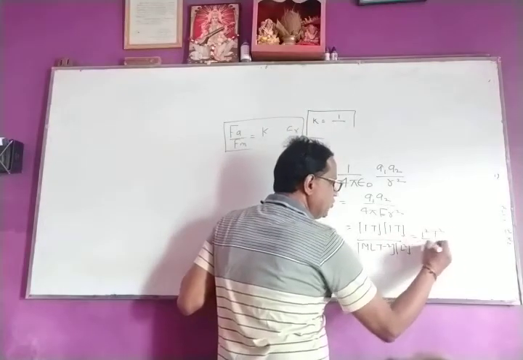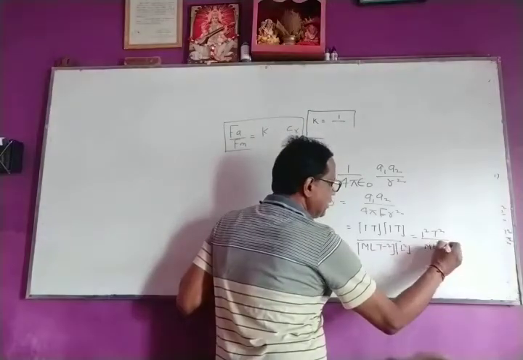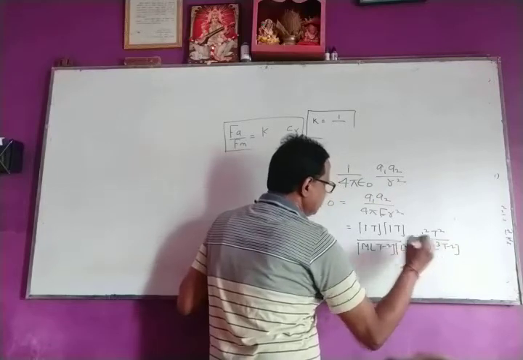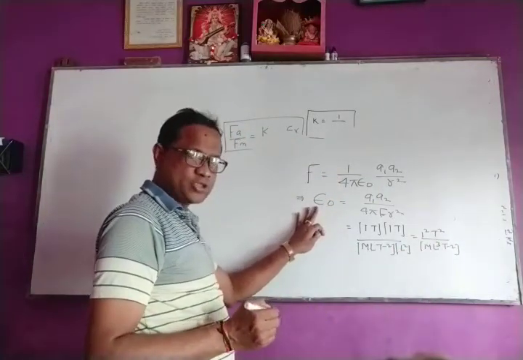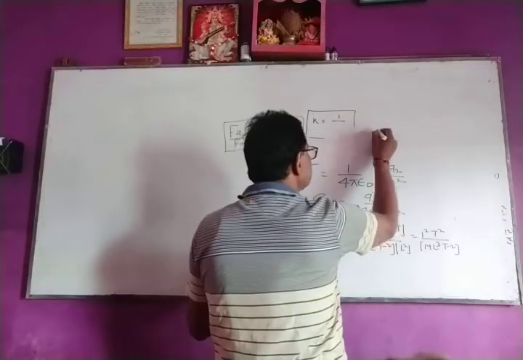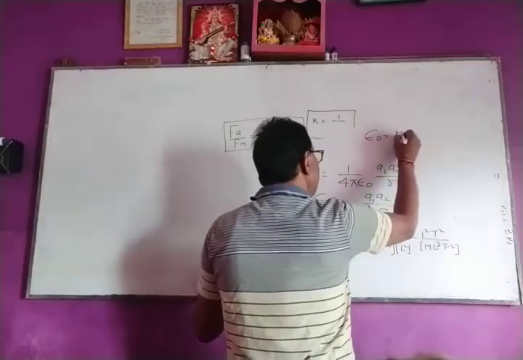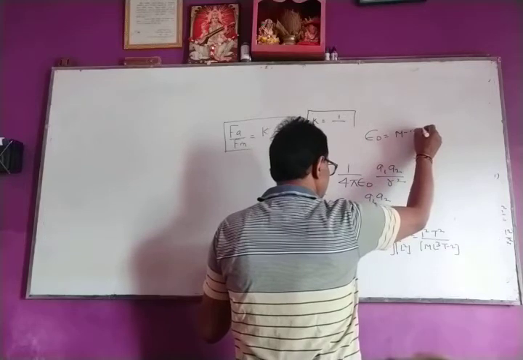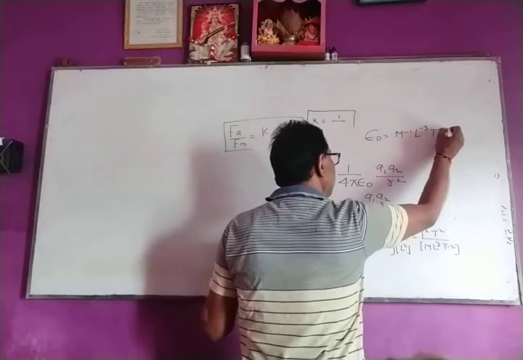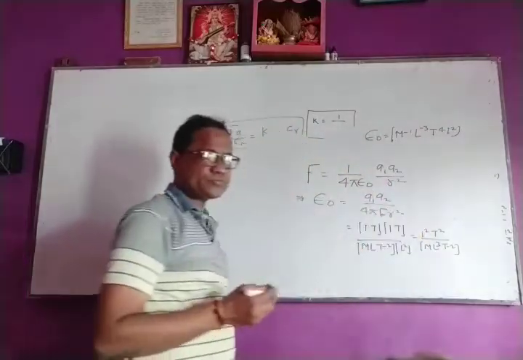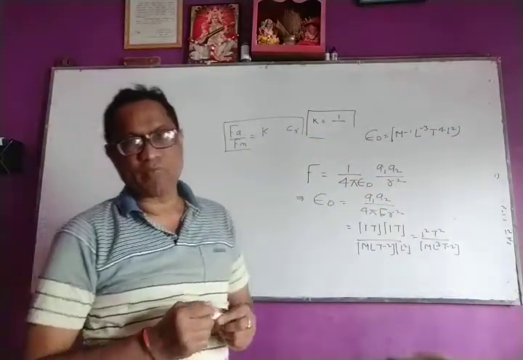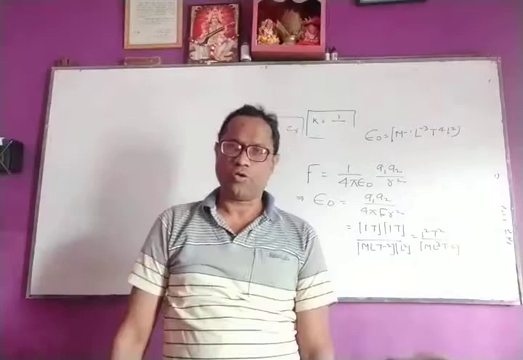So I2 T2 by M L3 T power minus 2. So dimension formula of epsilon naught is M power minus 1 L power minus 3 T power 4 I power 2. It is the dimensional formula of epsilon naught.